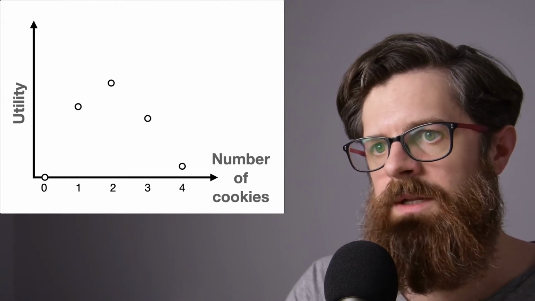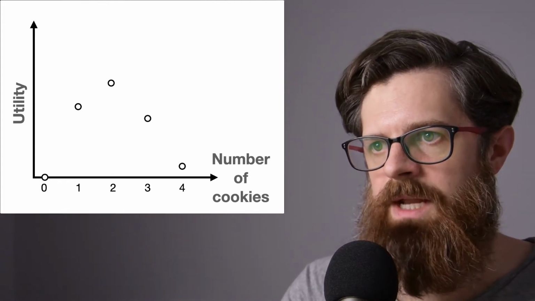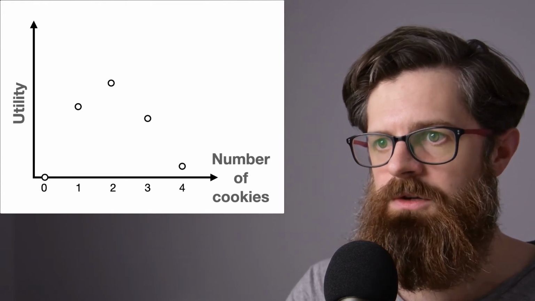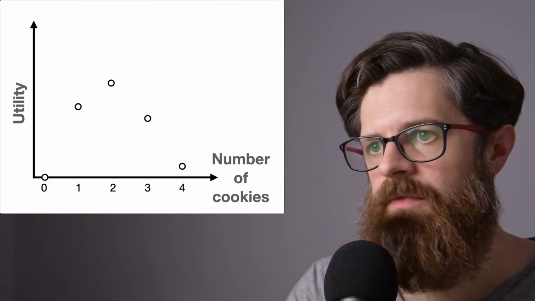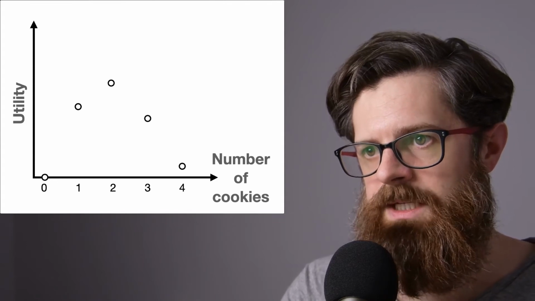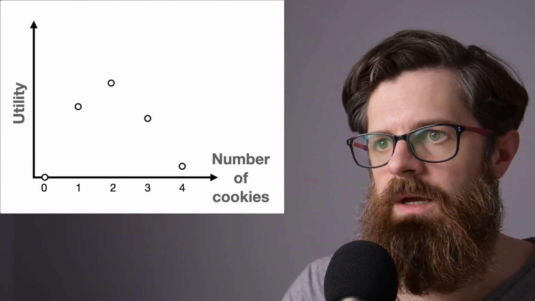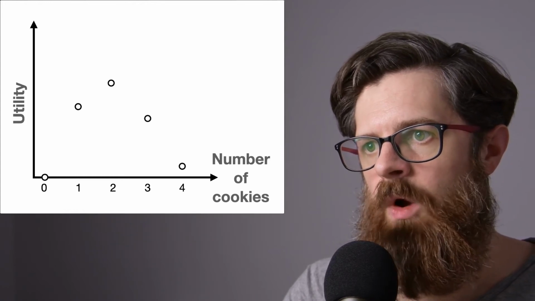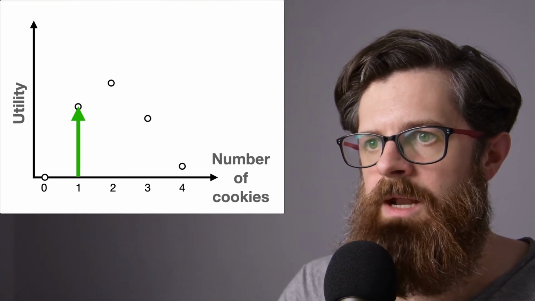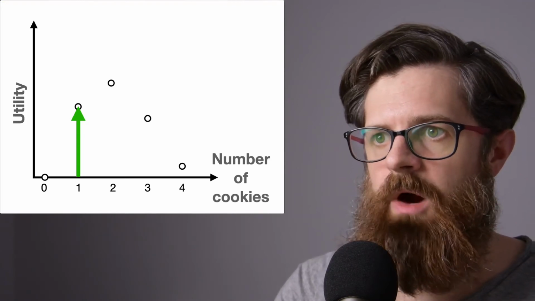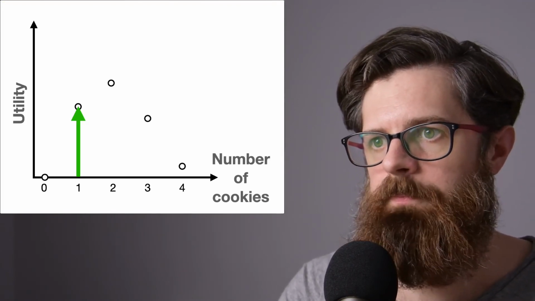So what I've done in this video is to represent your subjective utility as a function of how many cookies you have eaten. If I have eaten 0 cookies, then I'm not very happy. I have 0 utility. If I eat 1 cookie, then my happiness goes up by quite a lot, as represented by the length of this green line.